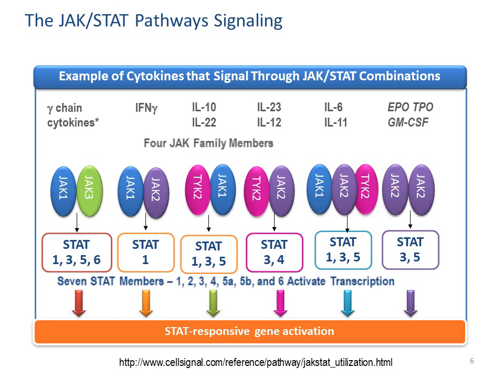Interleukin 10 and 22, interleukin 23 and 12 have TYK2 and JAK2, and so on. So different cytokines will have slightly different specialization for the cytokine that they're binding, and intracellularly the pair of JAKs that they have.